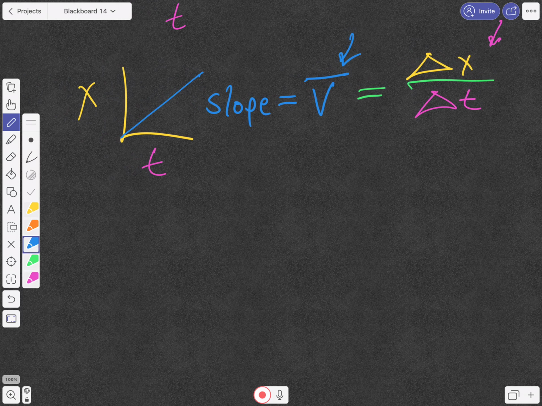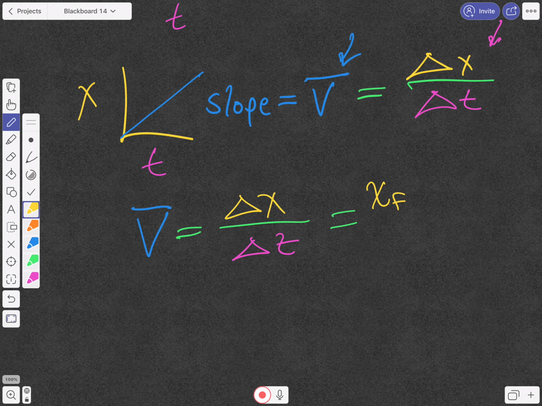So now, our average velocity is equal to delta x, or change in position, over change in time. Our time initial is 0, so it ends up becoming x final minus x initial over t.